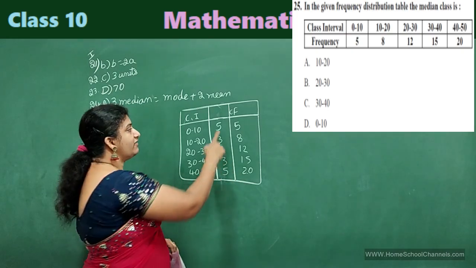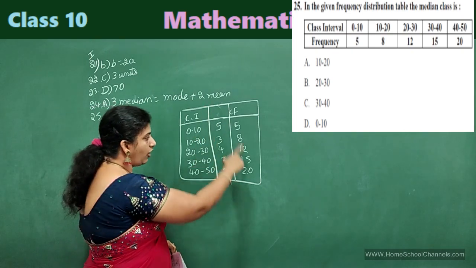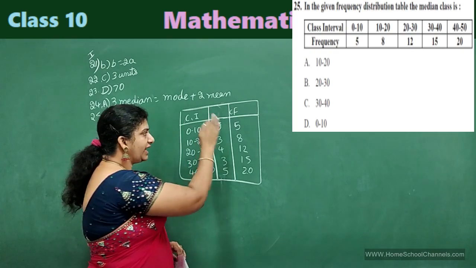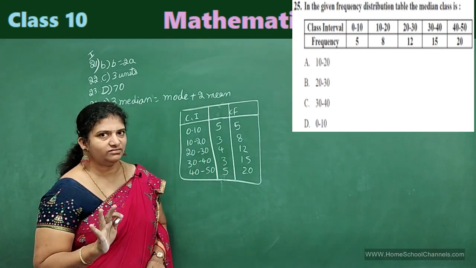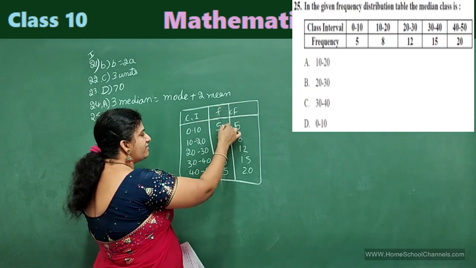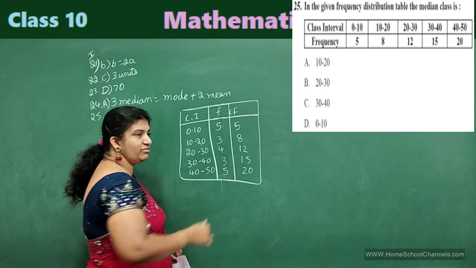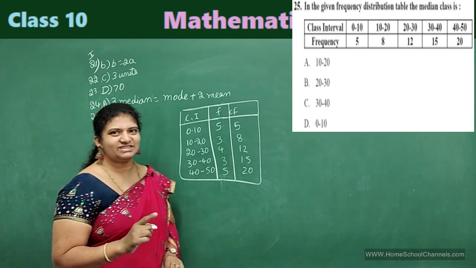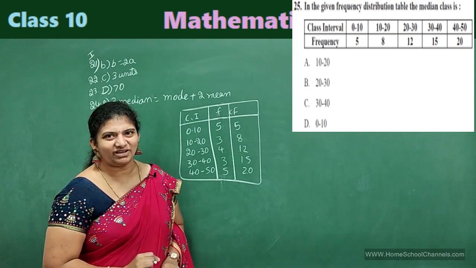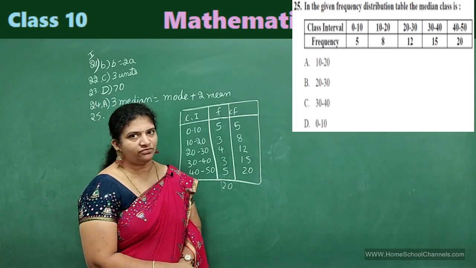If we add these frequencies and get 20, then the column they have given is cumulative for sure. If not 20, then what they have given is only frequency. So let me write this as a frequency and add this. 5 plus 3, 8. 8 plus 4, 12. 12 plus 3, 15. 15 plus 5 will be 20. Yes. In order to confuse you, in this problem they have given cumulative frequency. So I go with the given frequency being cumulative frequency.